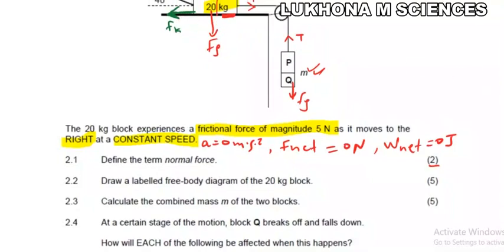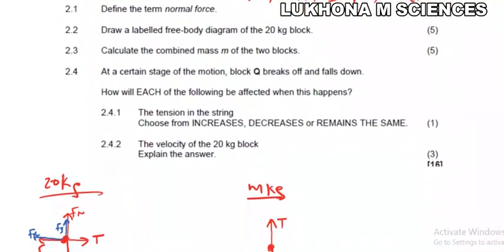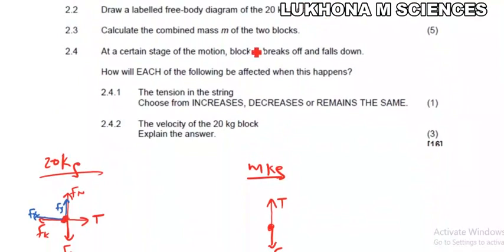Now the second question says draw the free body diagram for the 20 kg block. So this is question 2.2, the free body diagram for the 20 kg block. The third question says calculate the combined mass.